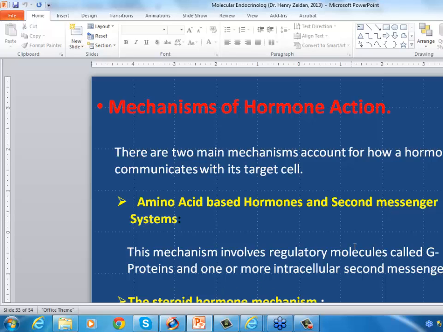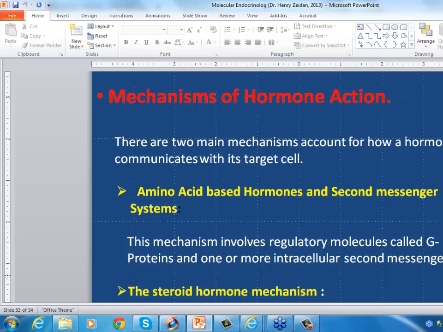There are several proteins involved: G proteins, Gs proteins (stimulating) versus Gi proteins (inhibitory), and intracellular second messengers, which can be cyclic AMP, cyclic GMP, calcium ions, IP3, and diacylglycerol. All of those are considered second messengers.